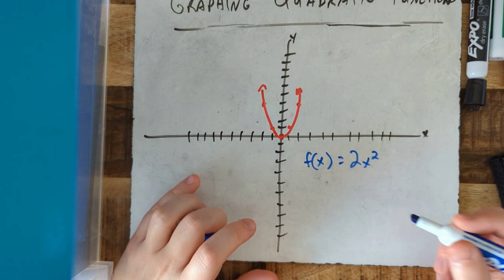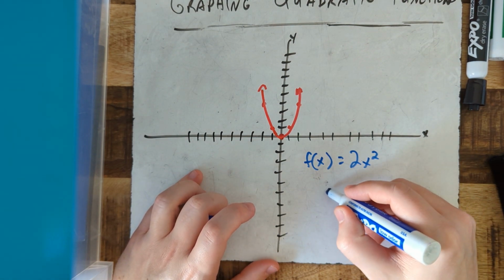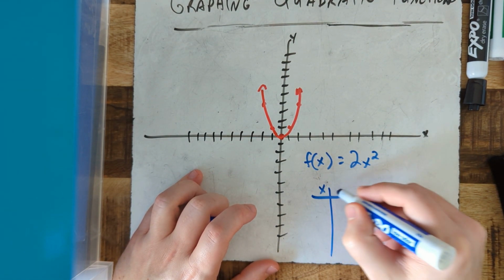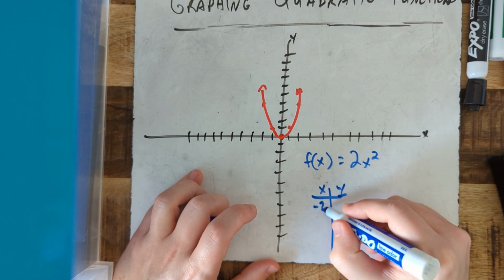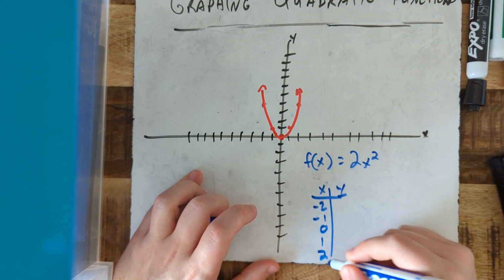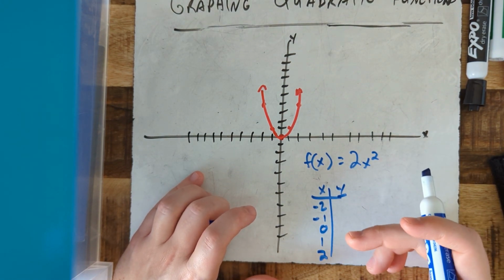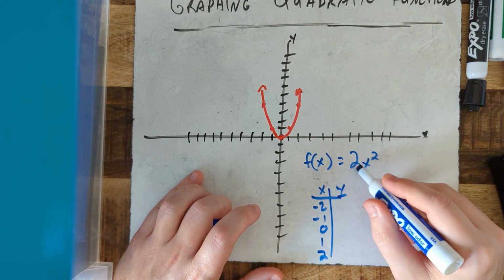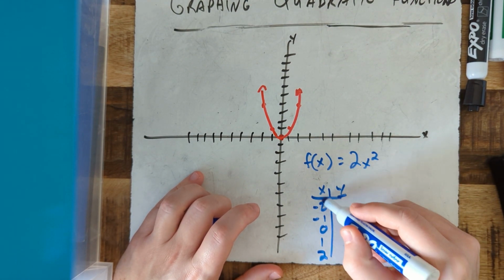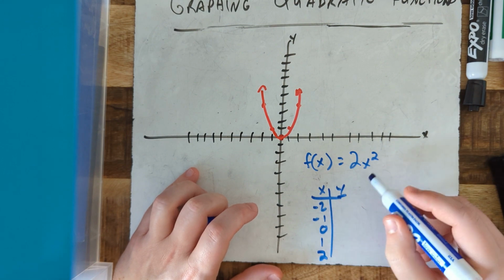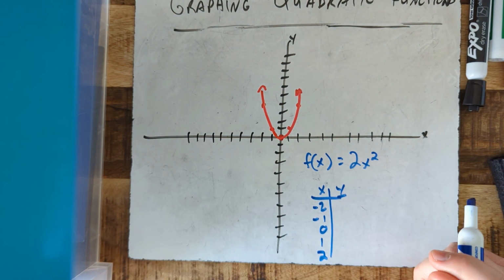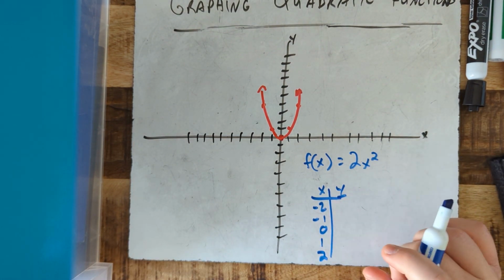Now, if we draw our t-chart here, x, y, same numbers, -2, -1, 0, 1, 2. This time I'll do the math to show you how this works out. We take whatever is our x, our input, put it in for x here, and solve to get our y.